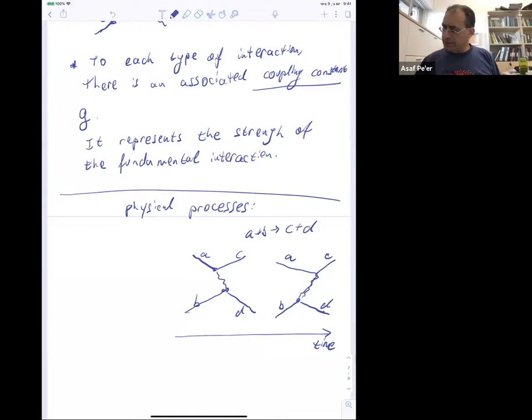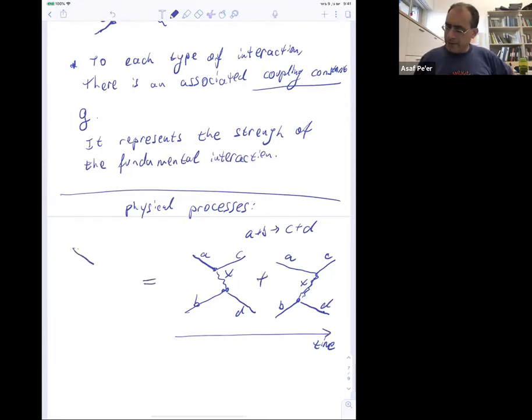So this process involves some exchange of a boson. I wrote it down as a photon, but I want to be general. Now, as I said, this is a virtual particle, the particle X, we don't see it. So in reality, when we do the calculation, we need to sum up over all these possibilities.